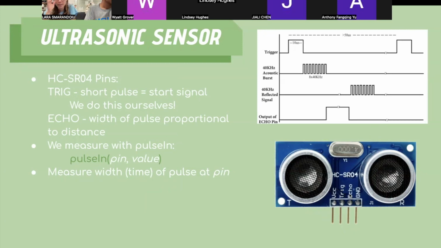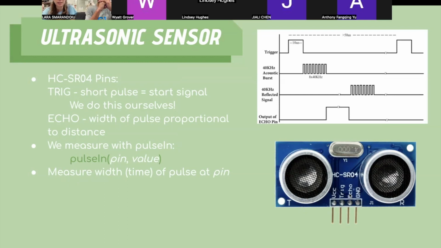You have to connect both the trig and the echo pins of the sensor to pins on your Arduino. And then whenever you hold the trig low, as in input a low signal to the trig, it tells the sensor to start reading in values.